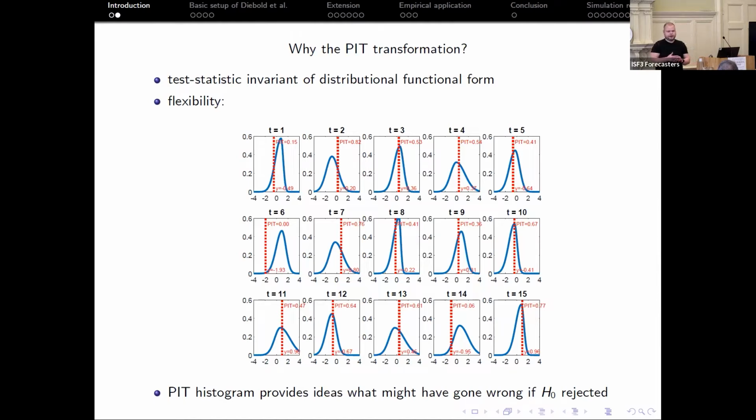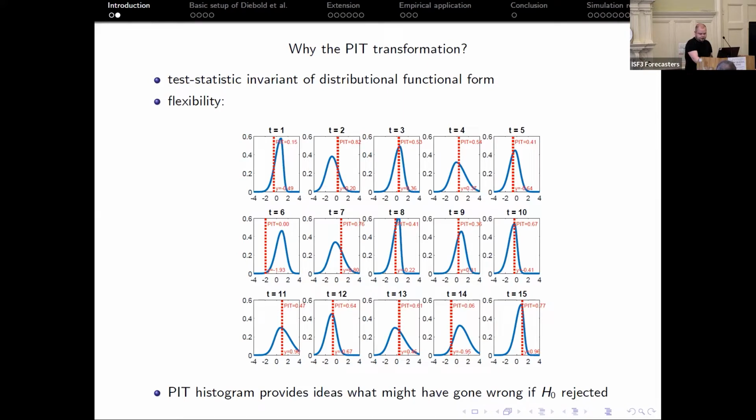We do not require that at all times we have the same predictive density. As you can see here, we may have different predictive densities for different points in time where we do the forecast, and what we exploit is just the PIT value for each of these. Another advantage of our approach is that we can get some clue what might have gone wrong simply by having a look at the histogram.